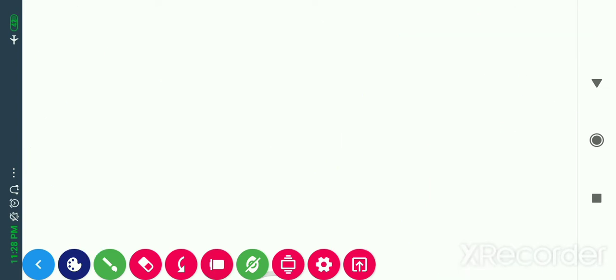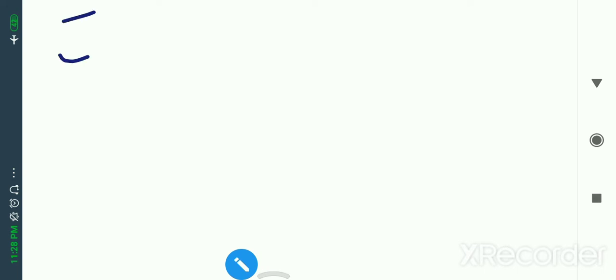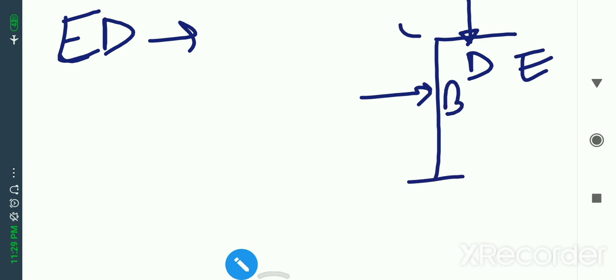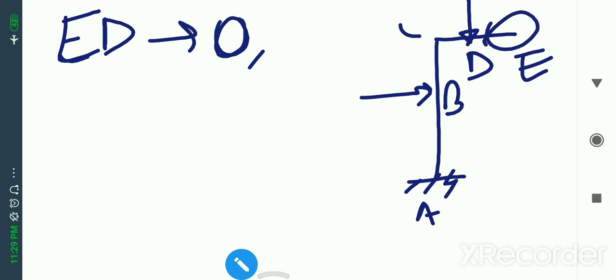So let's start. For part ED, we can see that the frame is in this manner. This was point E, this was point D, this was point B, C, this was point A. In part DE, no load is acting, so the value of capital M is 0, since no load is acting on this part DE.